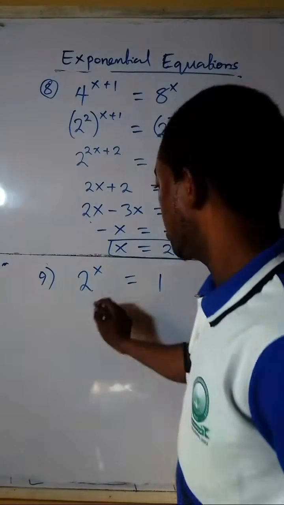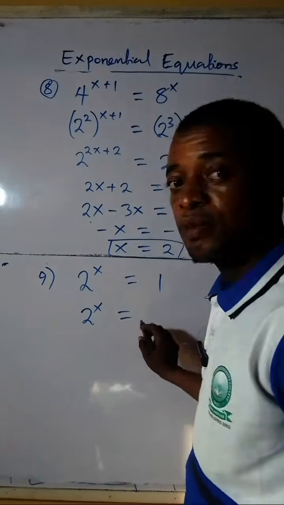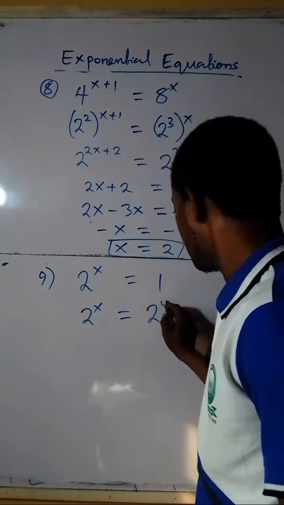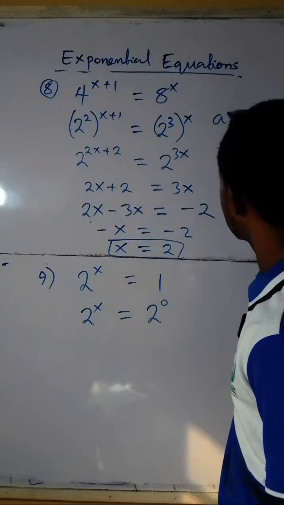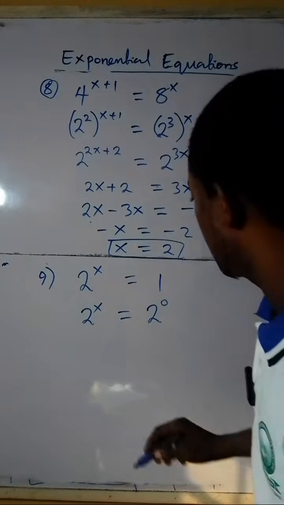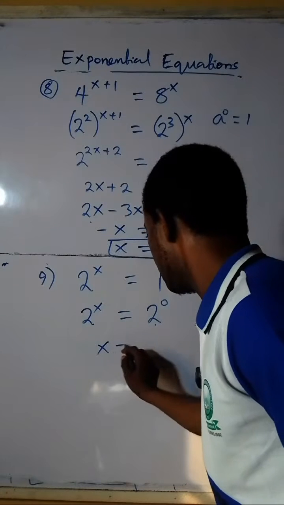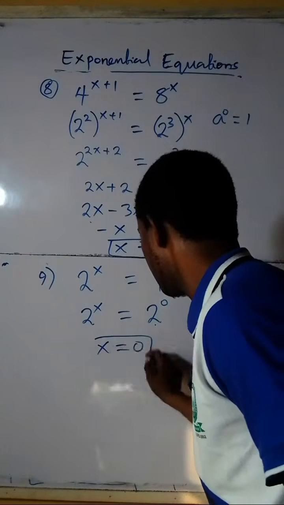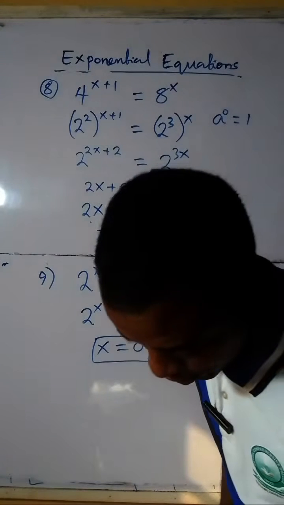Now here we already have 2 raised to power x, and 1 here can be expressed as 2 raised to power 0, because any number raised to power 0 is 1. A raised to power 0 equals 1. That's part of the law of indices. Then the bases are equal now. We can equate the power and we have x equals 0. So that's the value of x in this given problem.